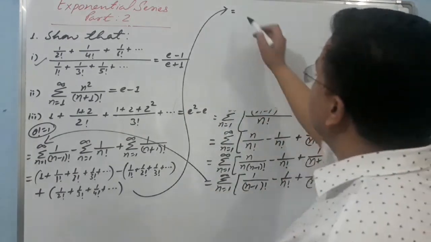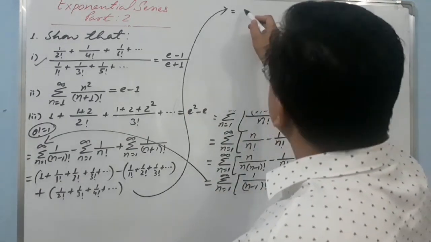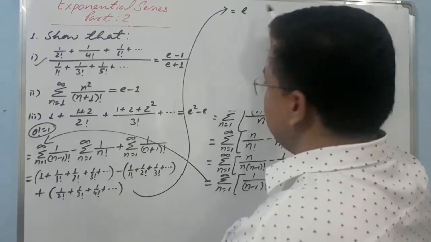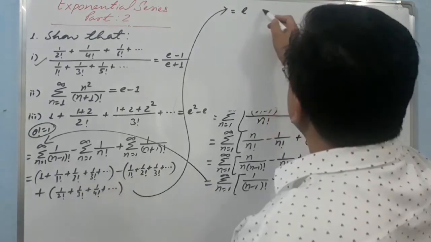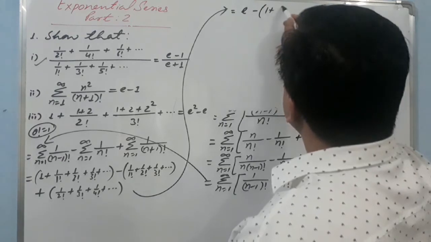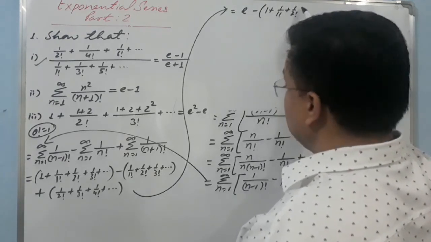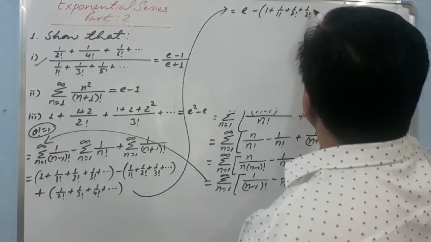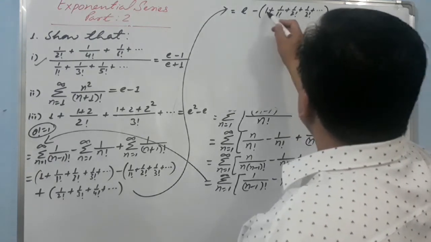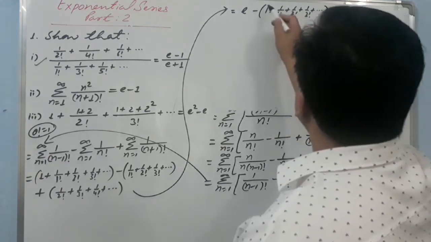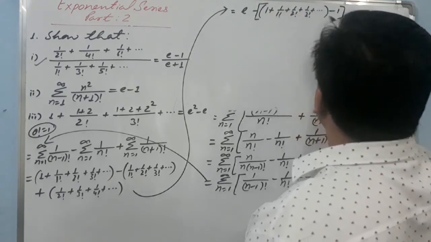So this is e, but the first sum is not e. Here we need 1 upon 1 factorial plus 1 upon 2 factorial plus 1 upon 3 factorial plus dot dot. We have added 1, so we need to subtract it. Like this we can write it down.